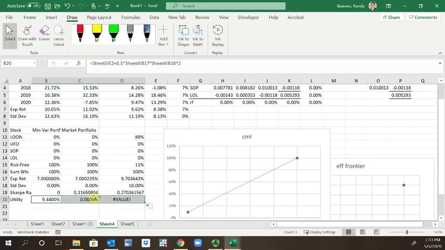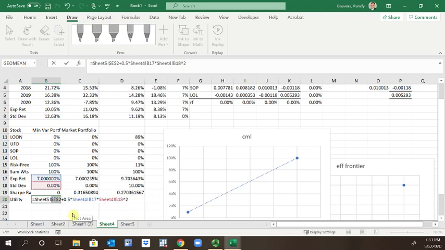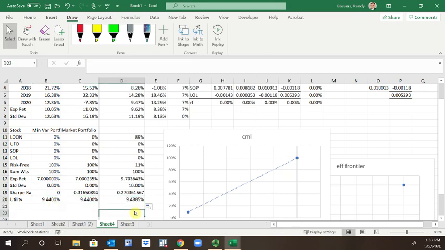So that way you're getting utility for the various formulas. And let's see, so this part will be anchored. And there we go. So you want to pick the portfolio with highest utility.